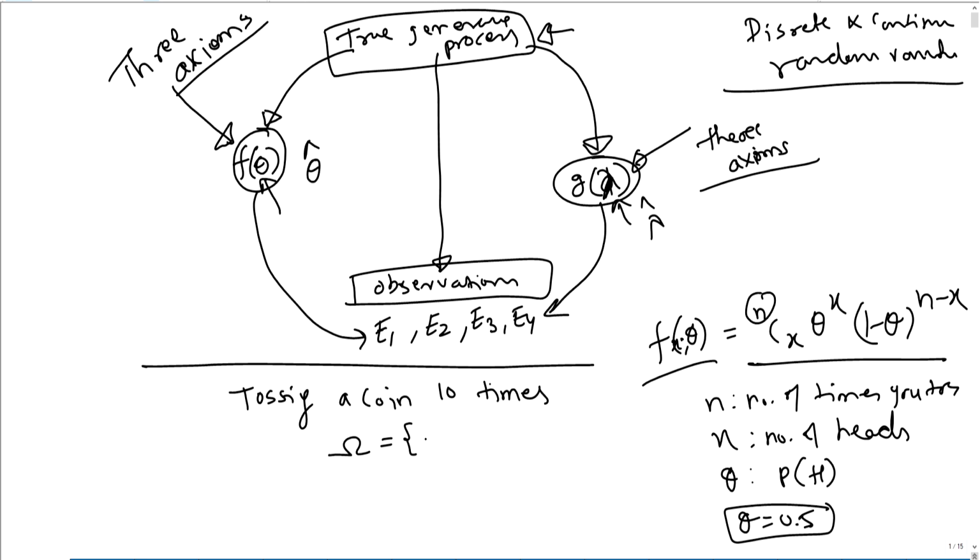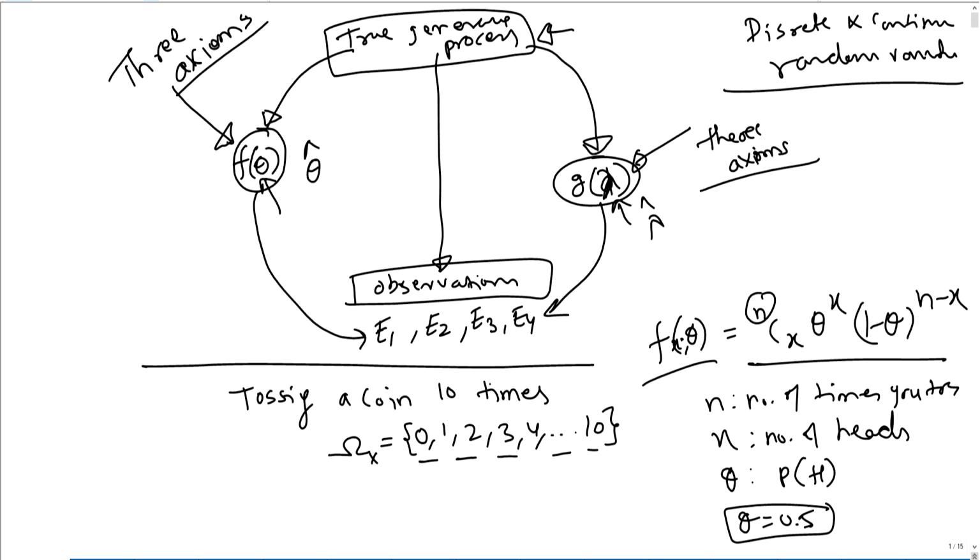If you are interested in the number of heads that you would obtain when you toss a coin 10 times, it could be 0, either you can get 0 heads, 1, 2, 3, 4 and up to 10, right. By the way, you can call it sigma x if you are thinking about a random variable that counts the number of heads in your outcome, right. So, these are the values of the random variable. Okay. So, when you toss a coin 10 times, these are the number of heads that you can get. Now, we need to define a probability assigner function on these values of the random variable.